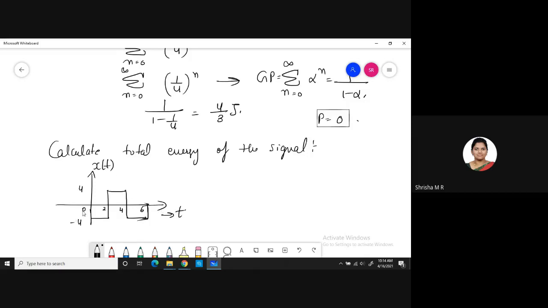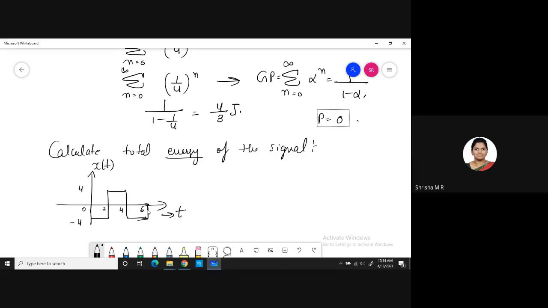But this is existing only from 0 to 6. Is it periodic? No, ma'am, it's non-periodic, because it's existing only from 0 to 6. So what we have to find? We have to find the energy because they have already given to find energy of the signal. It's non-periodic, so find energy.